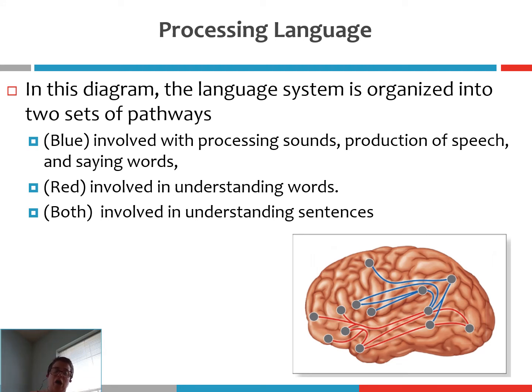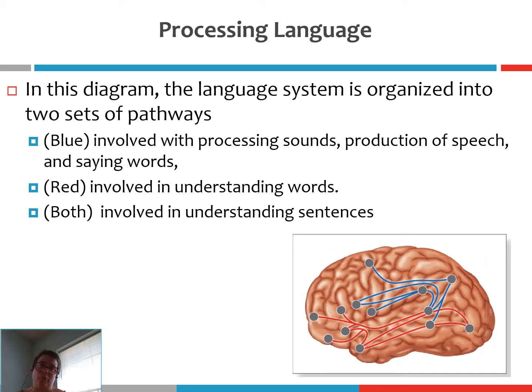So all of that is to say that processing of language is so complex and multifaceted that it's going to require multiple regions of the cortex, which is the most advanced or most recently evolved area of the brain.